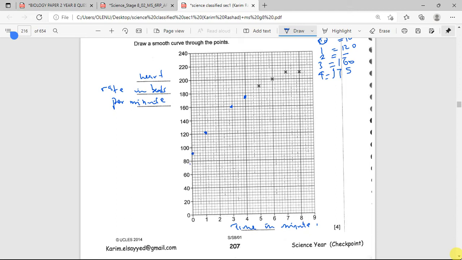Now I'm meant to join these using a smooth curve. That will give me my mark. All points are supposed to be on the line. The value for 2 is 160, sorry.